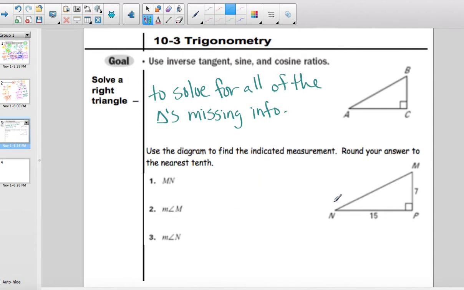So in this picture, in this problem, which is probably going to be the only one I put in this video, we are missing the side MN, and we are missing angle N and angle M. And so we're going to be finding those three parts.